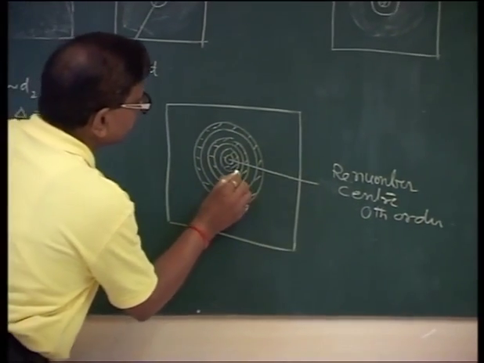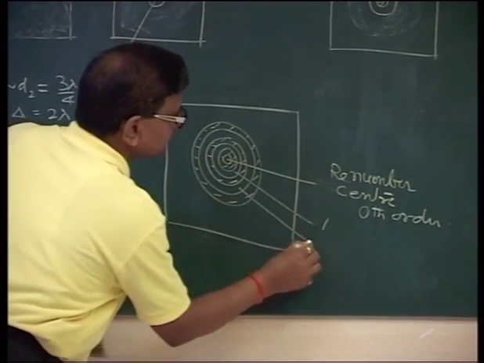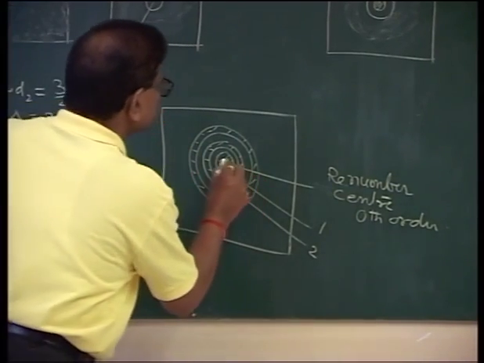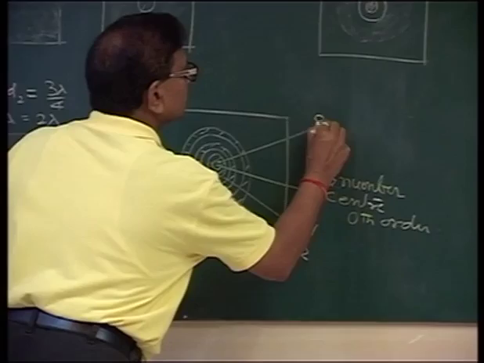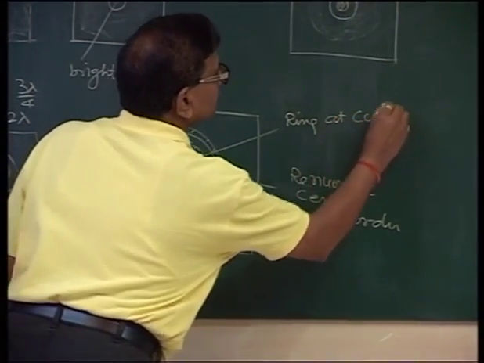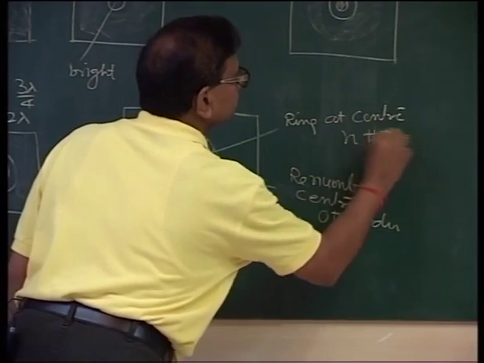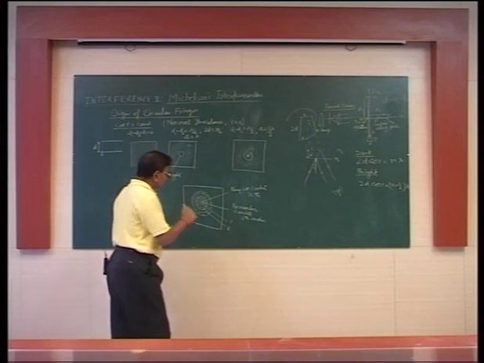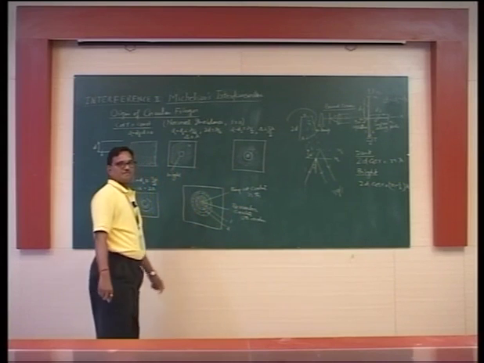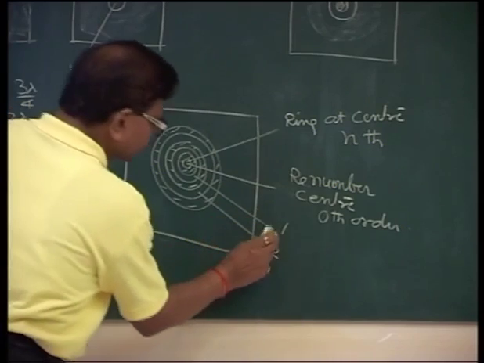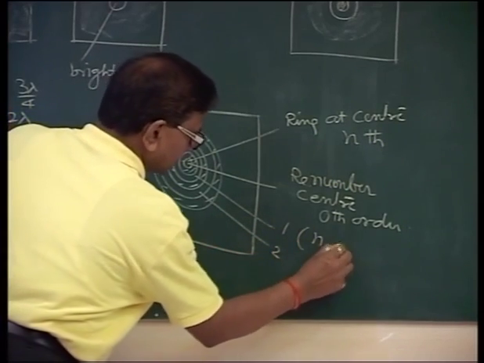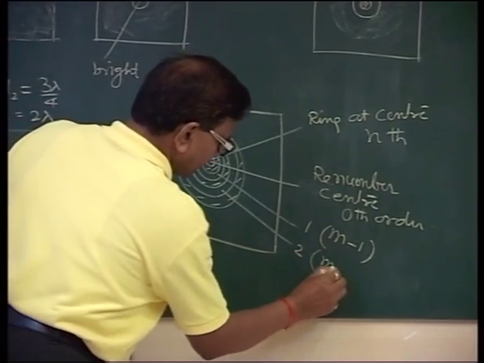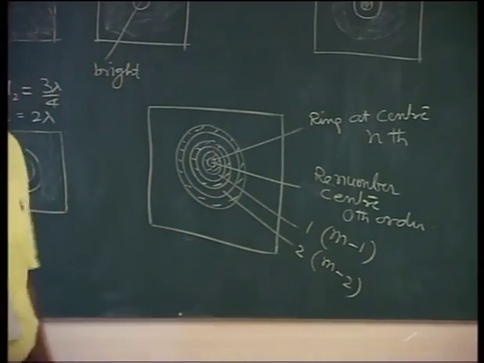Then the next ring we call the first ring, then the second ring and so on. Originally the ring at the center was of nth order, we don't know which, and we have called this 0 order. So the first ring will be the nc minus 1 ring, and the second will be nc minus 2 and so on.